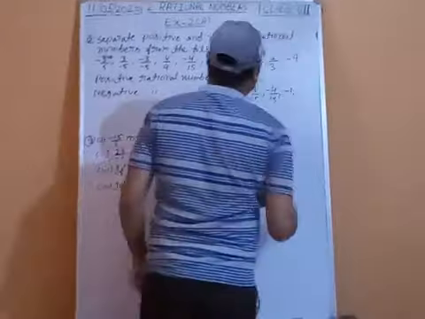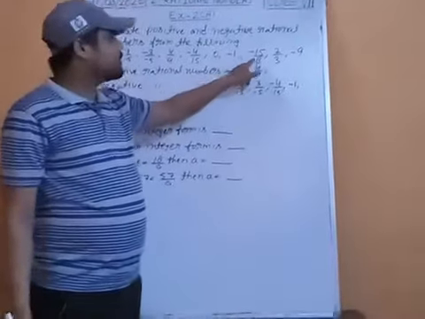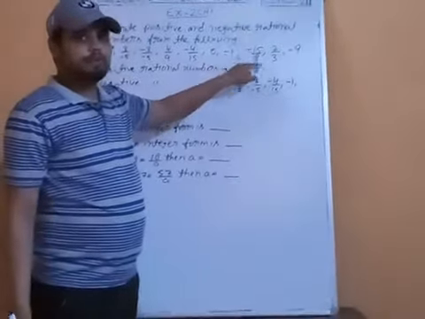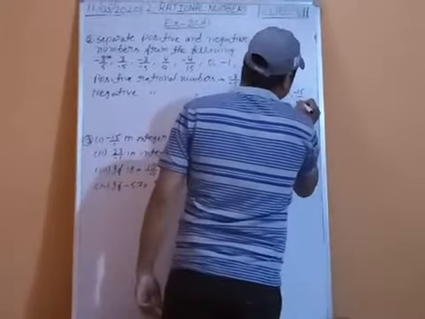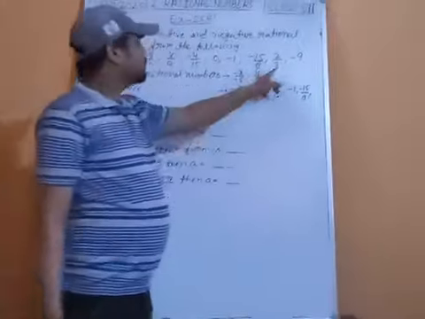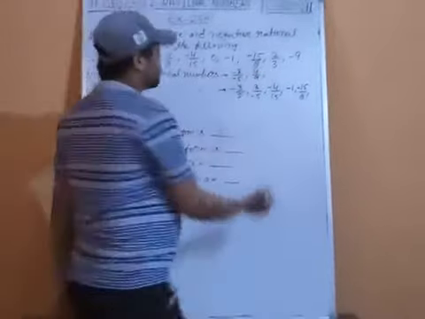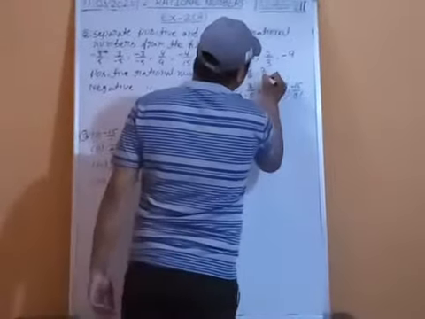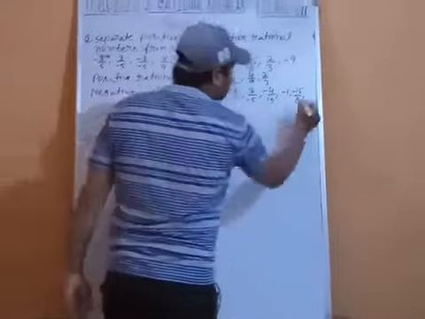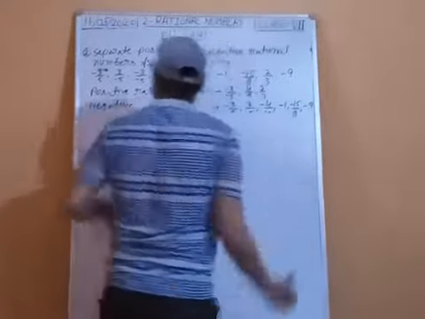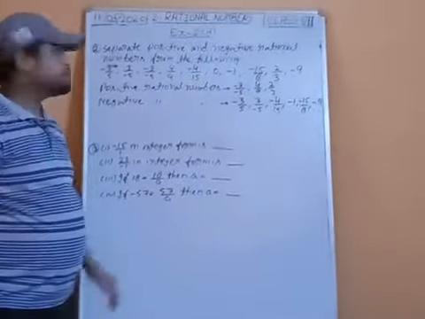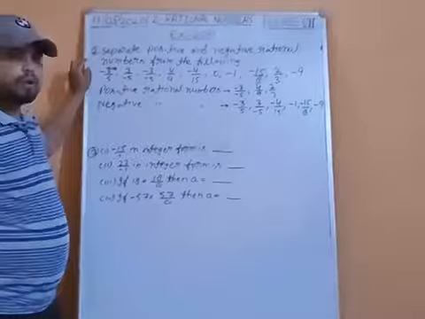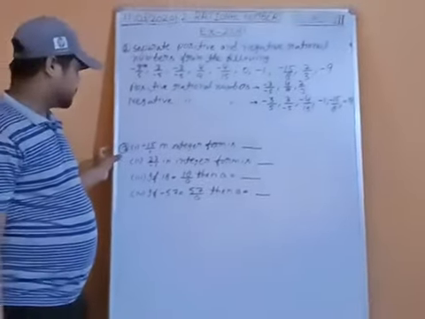Then next is minus 15 upon 8, negative. Then 2 upon 3, positive rational number. Then minus 9, negative rational number. I hope the second sum is clear to all. So move to the third sum.